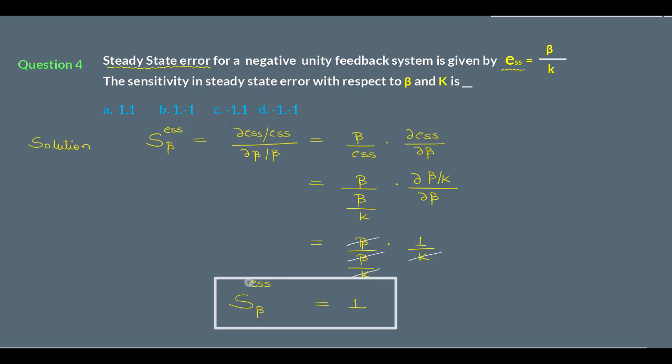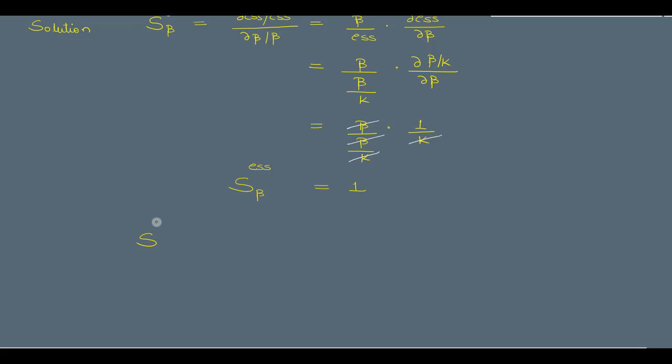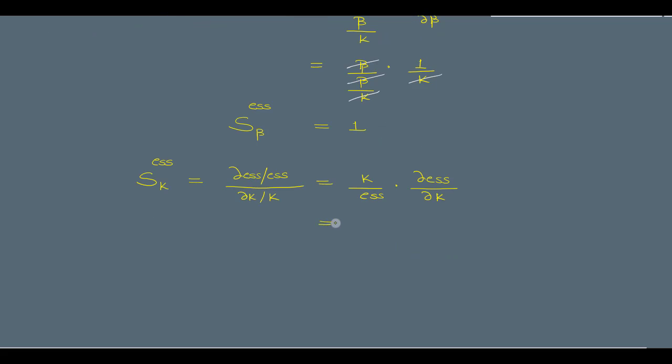Similarly, we have to find the sensitivity of steady state error ESS with respect to K now. So we can write sensitivity S of steady state error ESS with respect to K is equal to dou ESS upon ESS upon dou K by K, and you can write this equation as K upon ESS into dou ESS upon dou K. So again, just substitute the value of K as it is.